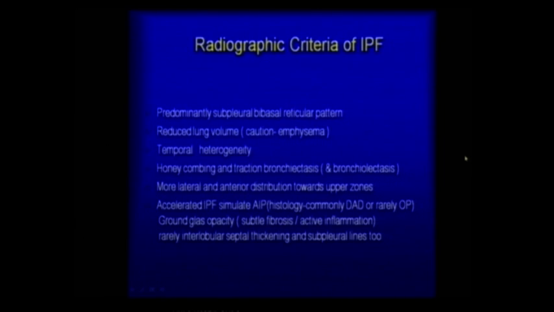That is, when you see ground glass opacity in idiopathic pulmonary fibrosis, it does not necessarily indicate active inflammation, though it can. Even fibrosis which is below the level of HRCT to recognize, that is very subtle fibrosis, will show as a ground glass opacity. That is why we say ground glass opacity is not the hallmark of IPF. The hallmark of IPF is temporal heterogeneity and honeycombing.